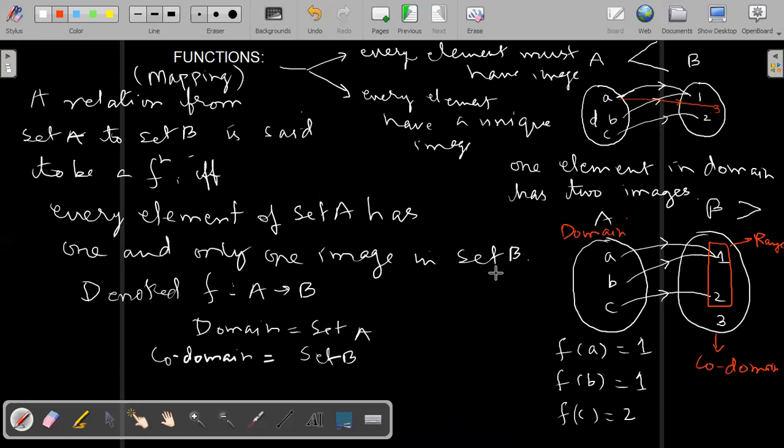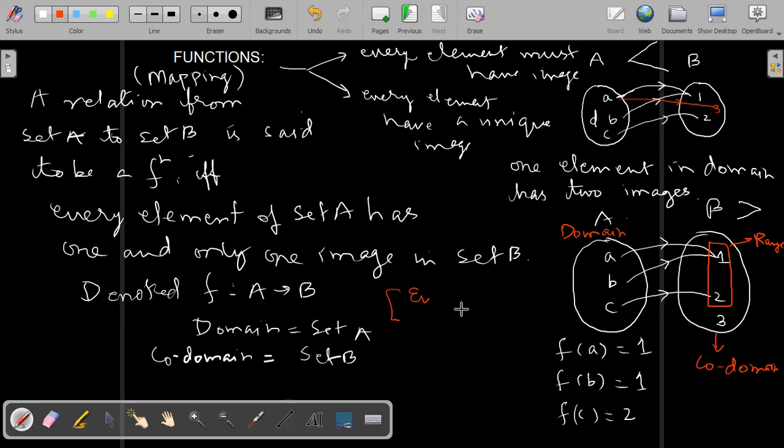So before that, we have the kinds of function, onto. Try to understand the difference between relation and function. Every element has a unique image. That is the only sentence you need to remember. Every element of A has a unique image in B. One and only one means unique image. So how will we define a function? Let A and B be two non-empty sets.